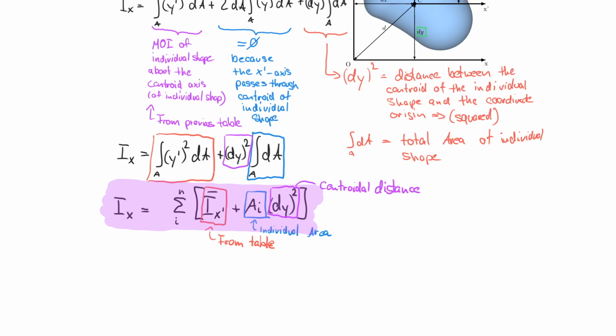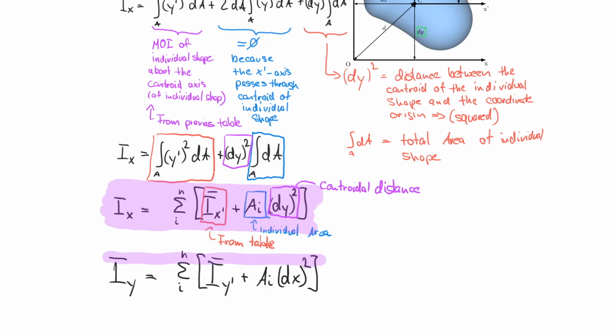And I will also, for completeness reasons, give you Iy, which is equal to the sum from i to n of I bar y prime plus Ai and then dx squared. Kind of the same formula as before, so you really only have to remember one formula in total, but both of them are important, so let's highlight those and make sure that you memorize them.